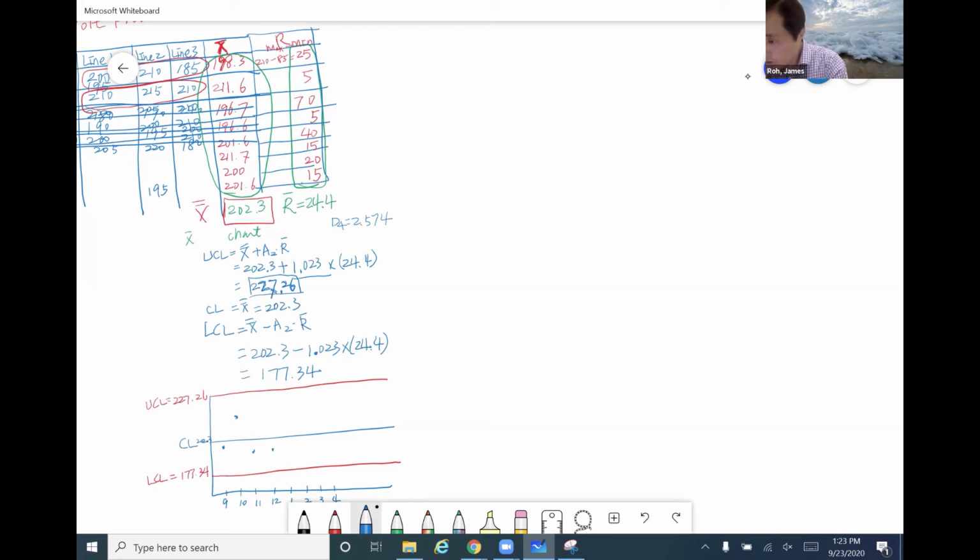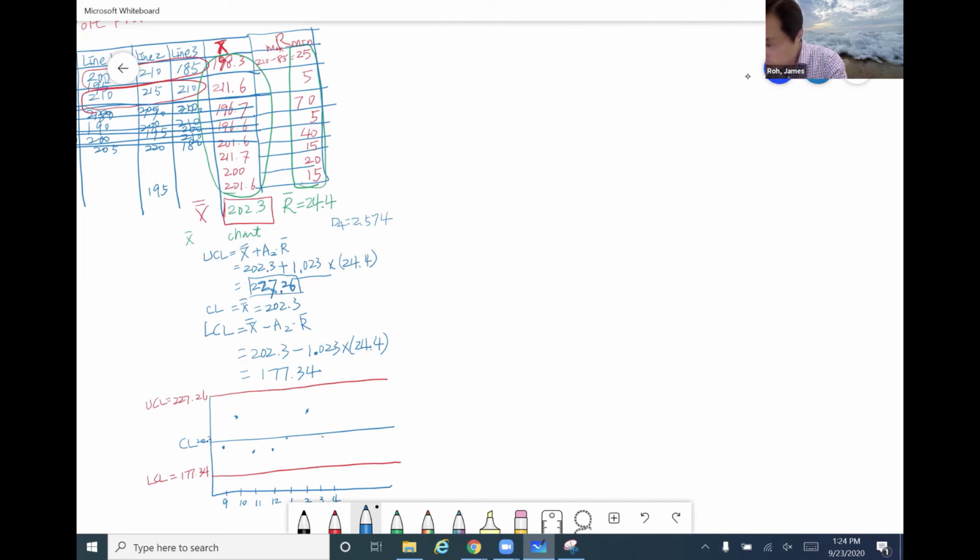And at 1 o'clock, 201.6. So it's very close to the center line here. And 211.7 is at 2. So 211, it's near the point at 10. And 200 at 3 o'clock.